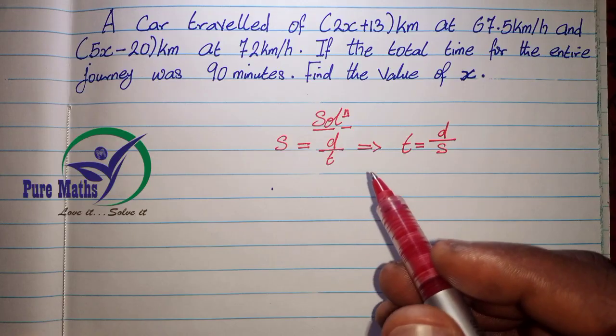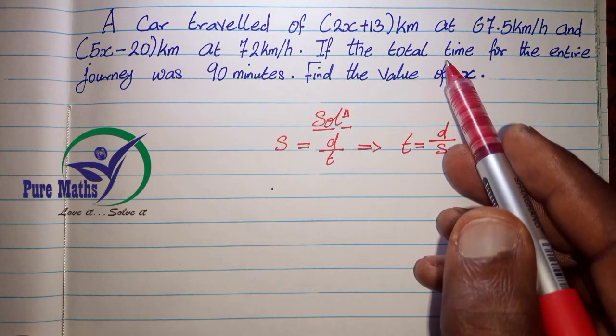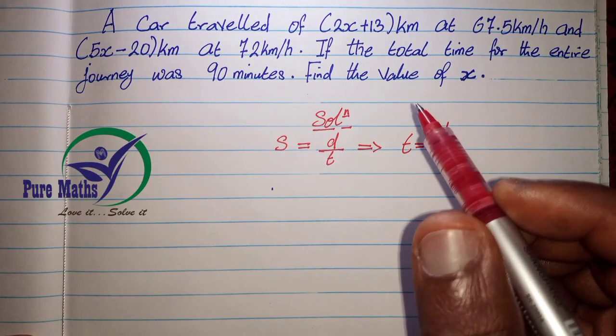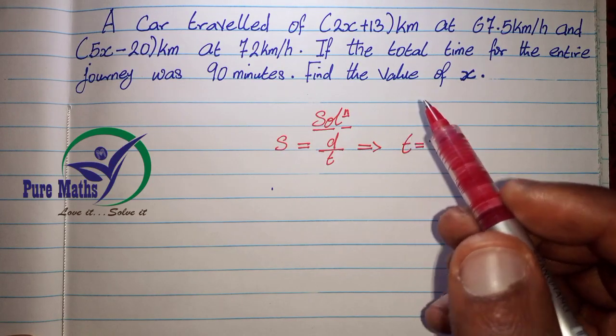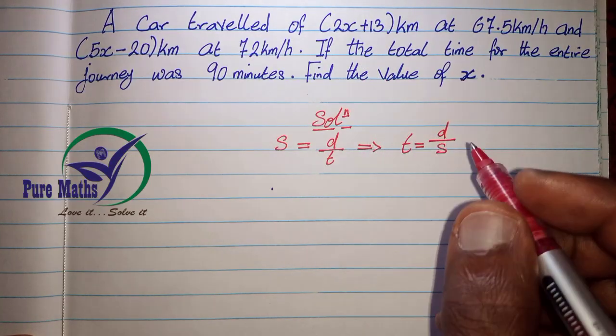Now, first of all, for us to have the total time for the entire journey, that means it is a cumulative time, meaning that we'll have time 1 and time 2 for each journey. Since it's two journeys, we'll have T1 and T2.